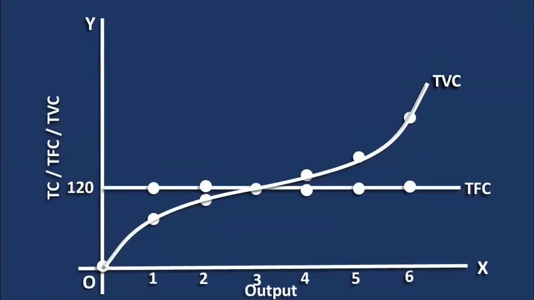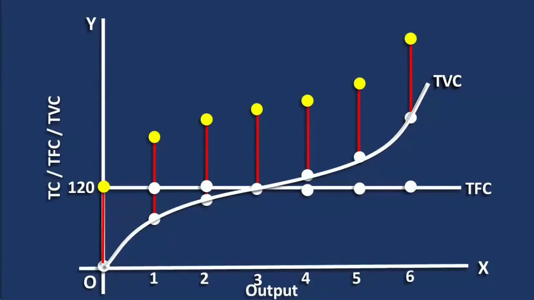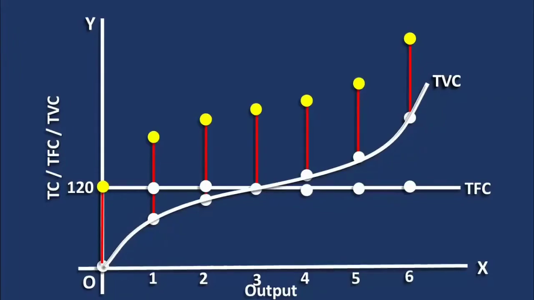Now let us see the relation between TVC, TFC and TC. Now as we have already derived TFC and TVC curves, let us see how the relation has been established between TC, TVC and TFC. The vertical addition of two cost curves, that is TFC and TVC, gives TC curve. Now from each point on TVC curve, move up by 120 units, that is add 120 rupees. We will get the point on the total cost curve.